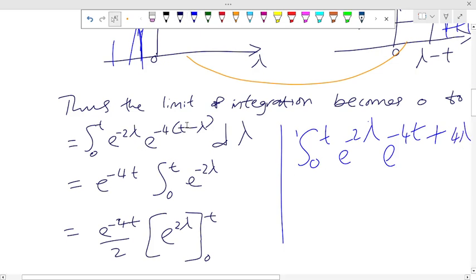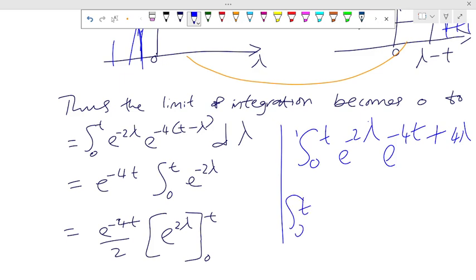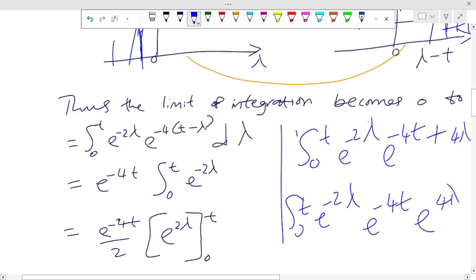I just expanded this here, and it's the same thing as saying we now have this. I hope you understand what happened here.